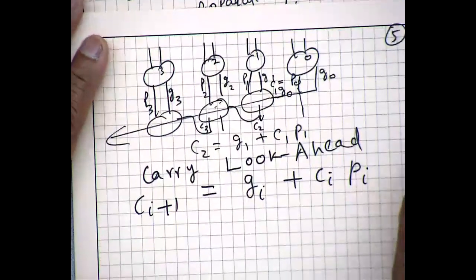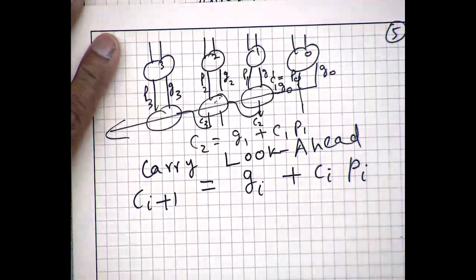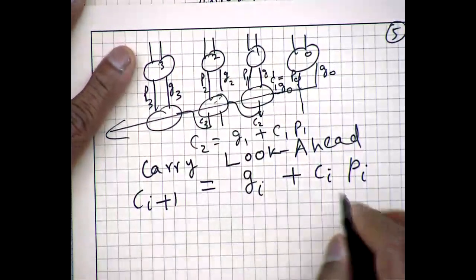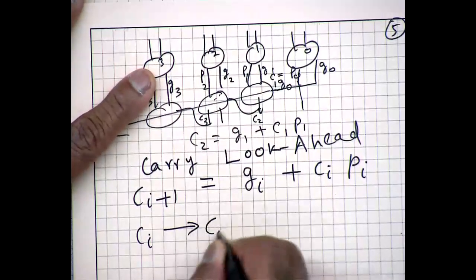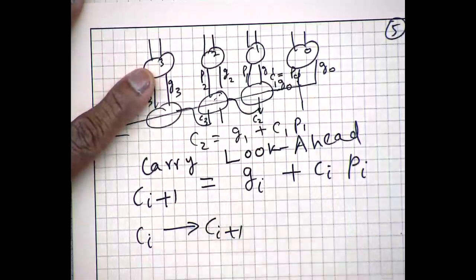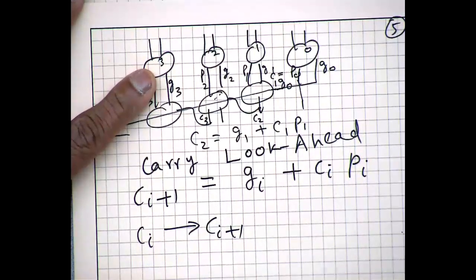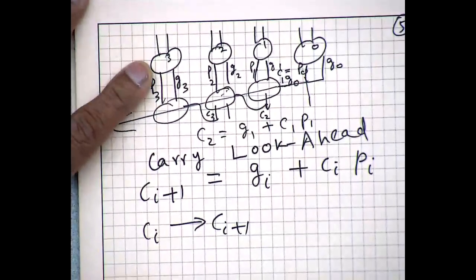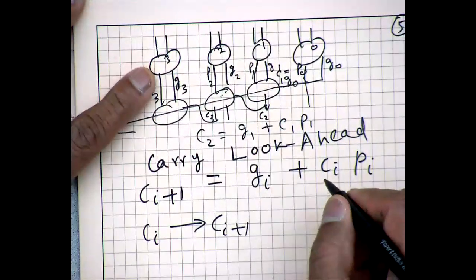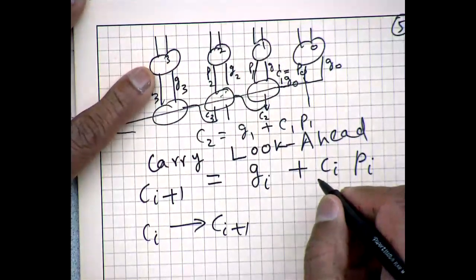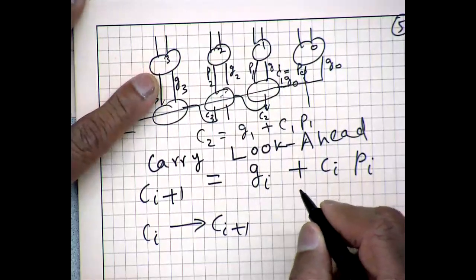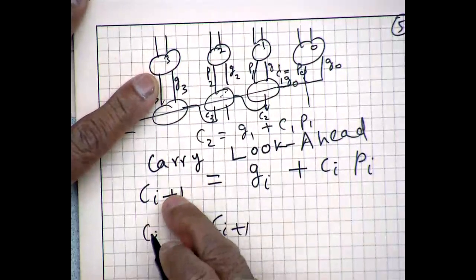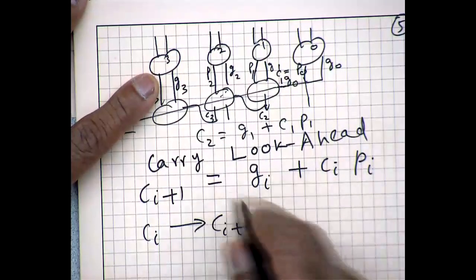There are variations in how they are applied, but basically the look ahead idea is the same. Starting with Ci, we can compute Ci plus 1. But if I did carry look ahead, then I can compute future carries.